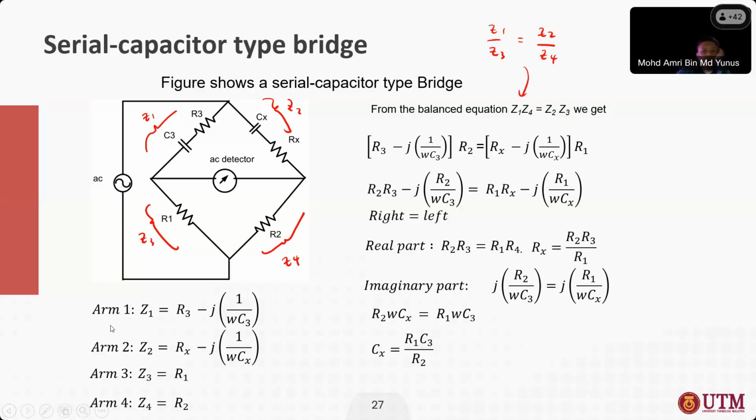And we know that on each arm we can write the impedance in the rectangular form, like Z1 here is basically R3 minus j over omega C3. Z2 is basically Rx minus j over omega Cx.